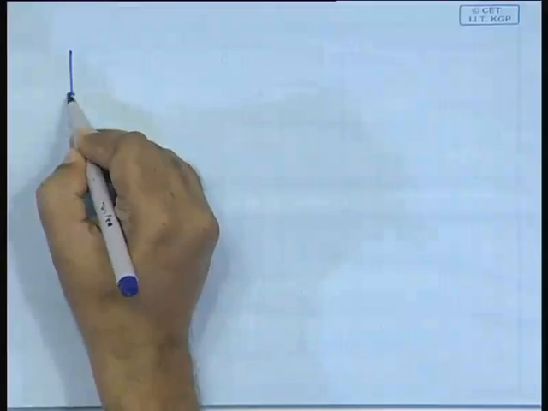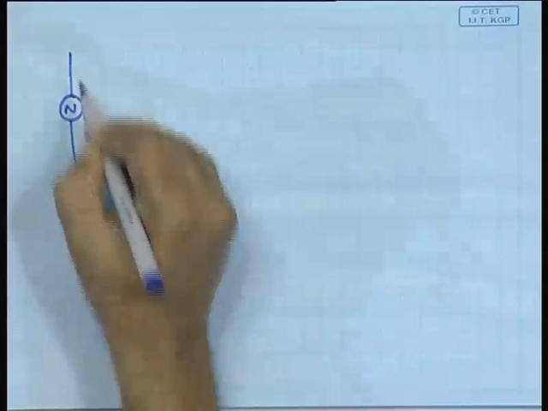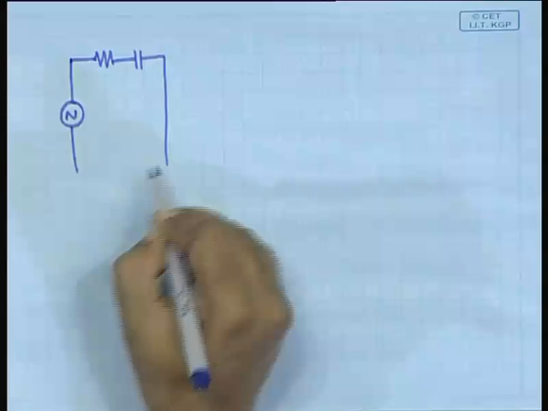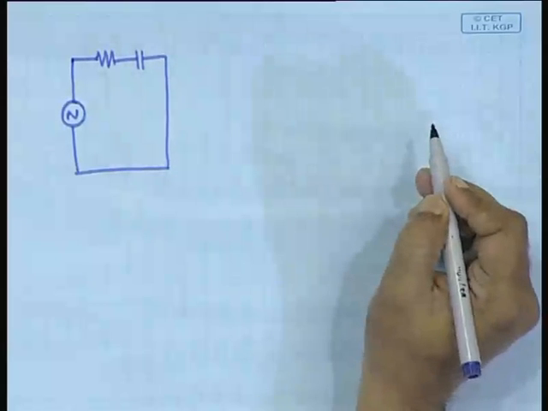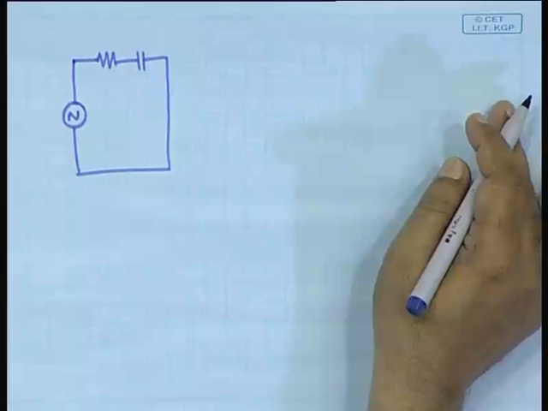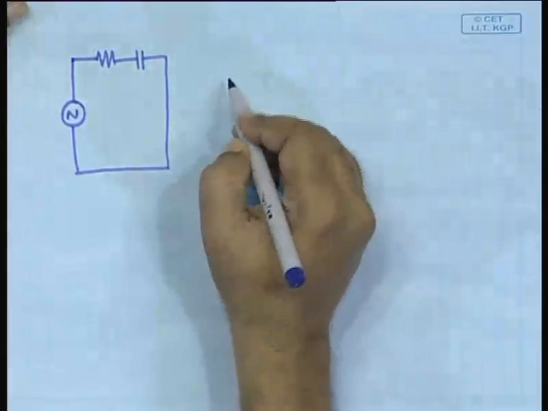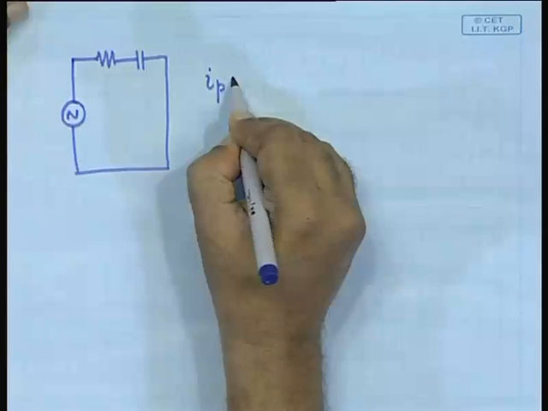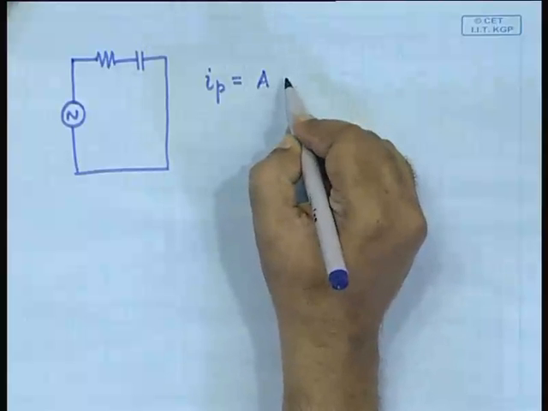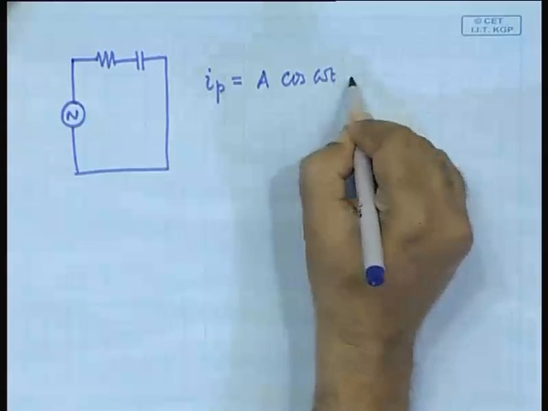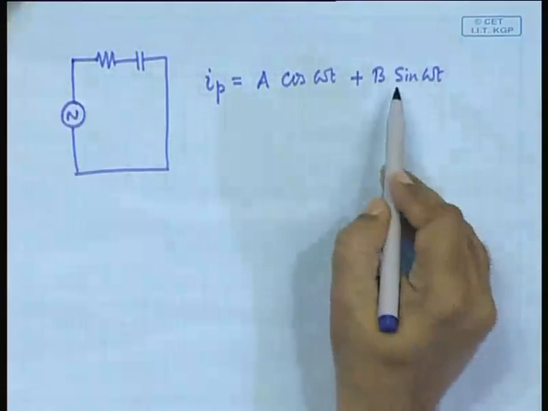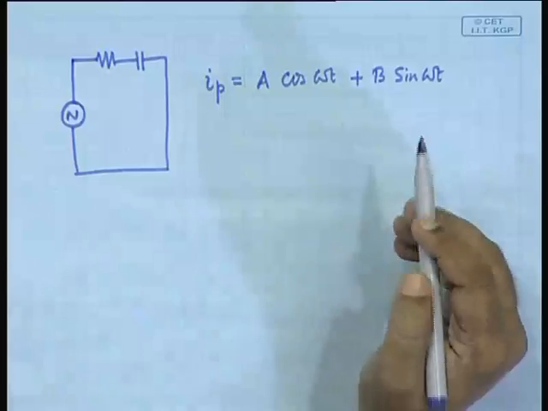So, you had an RC circuit with a sinusoidal excitation, and we had decided that the particular solution i_P would be given by an equation of this form: A cos omega t plus B sin omega t.